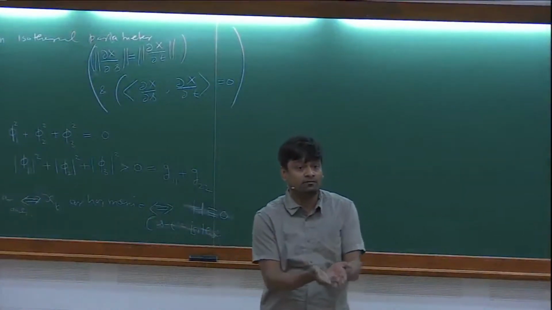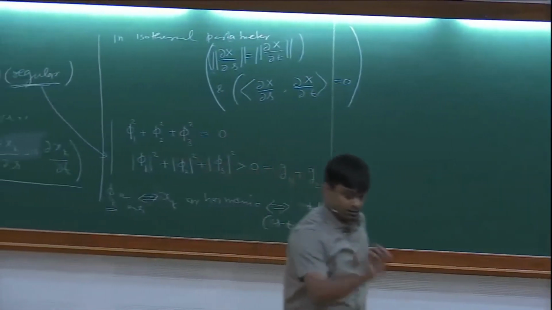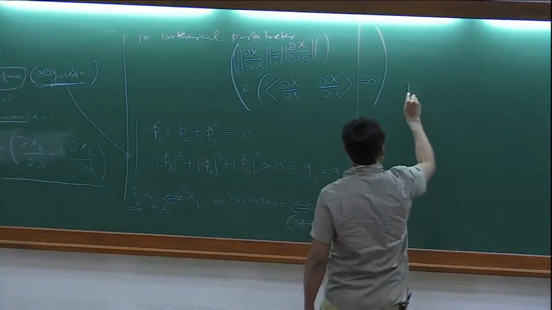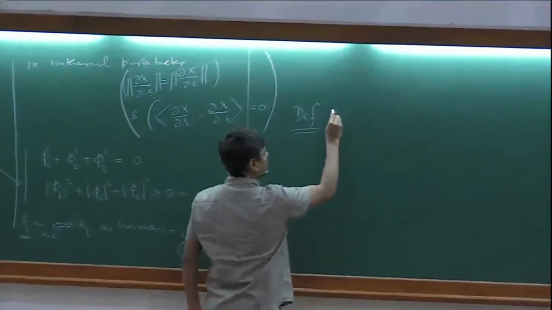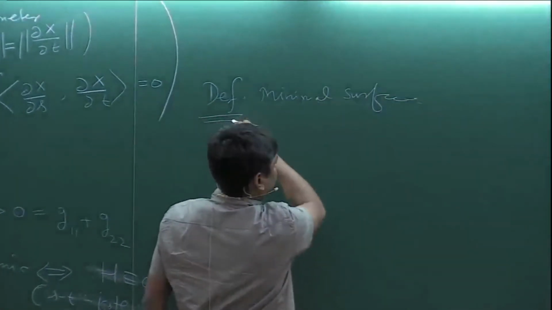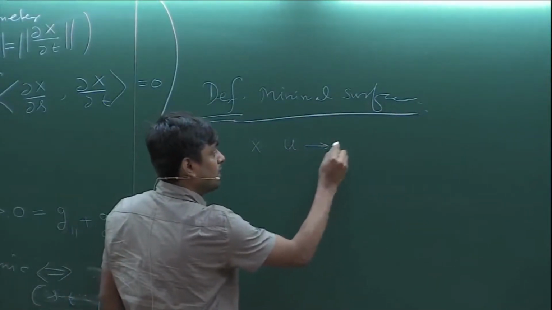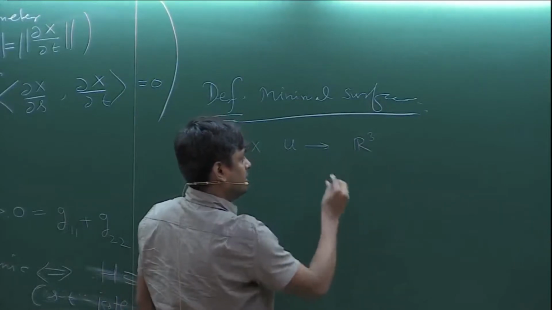So let me define the minimal surface. Minimal surfaces are x from U to R3, a map.